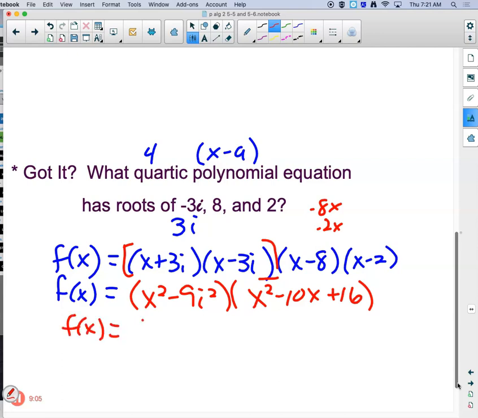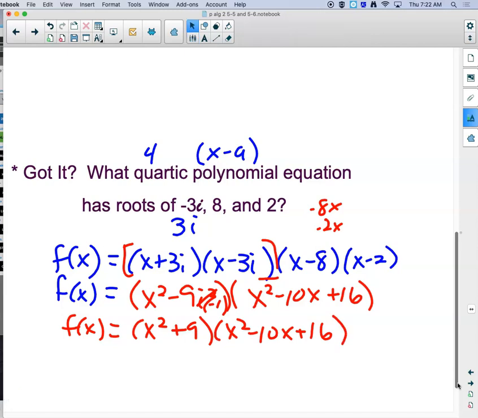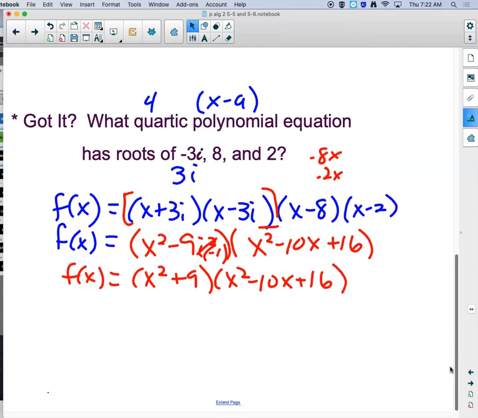So we will change the i squared to negative 1, and then negative 9 times negative 1 would make that plus 9. And we're not done, but at least we don't have any imaginaries in here anymore that we have to work with. So now we have to take a binomial times a trinomial, and that you do distribution for.